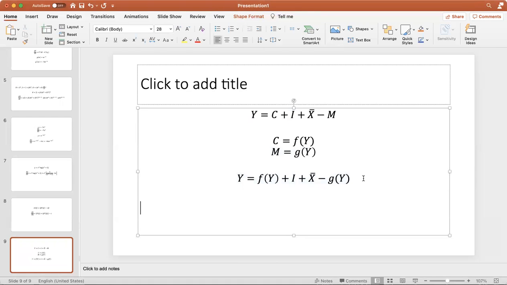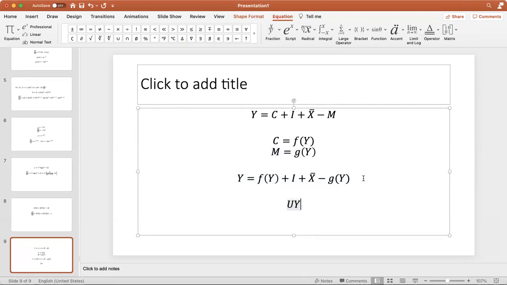So let's do that. So you have y minus f of y plus g of y equals I plus bar x.